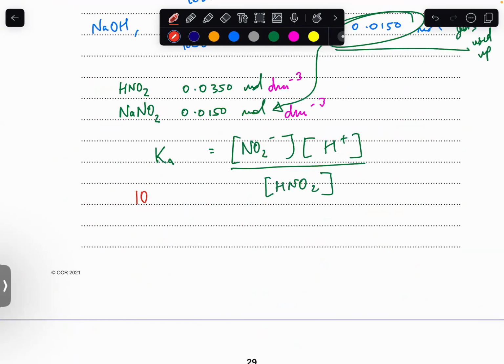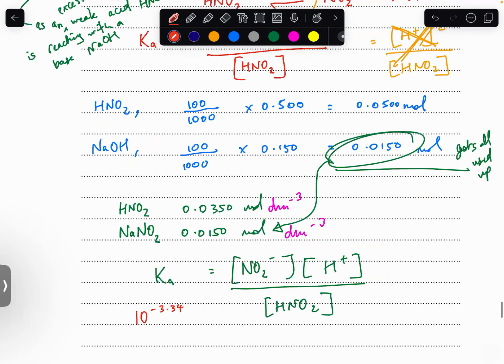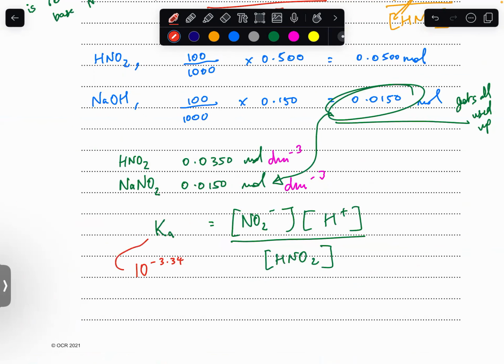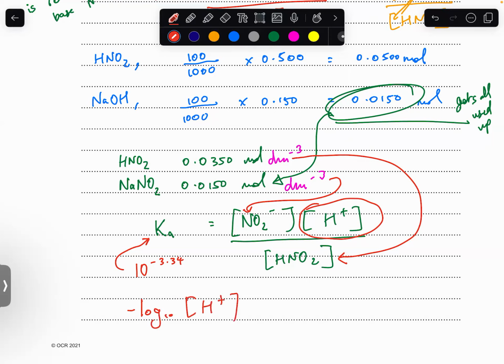So 10 to the power of minus 3.34 is over here. The salt or conjugate base, we plug that there. The weak acid, we've calculated, is going to be there. That leaves us with the H plus concentration. And we then just plug that in to our expression, minus log to the base 10 of that H plus concentration will give our answer.